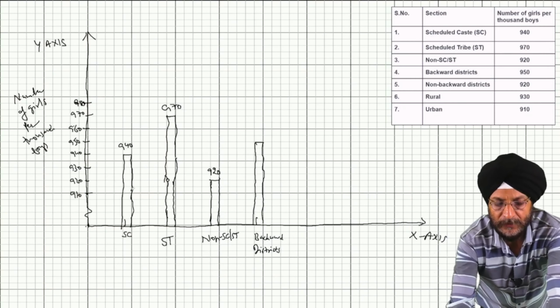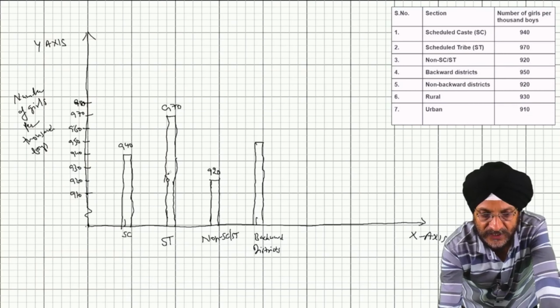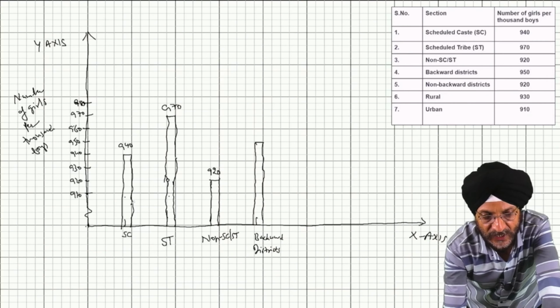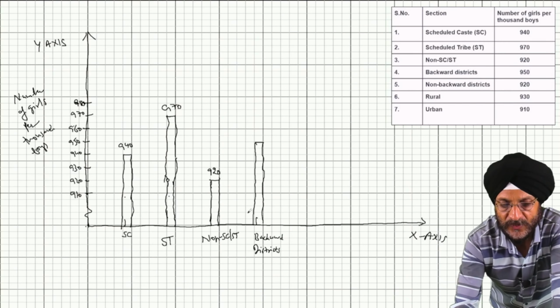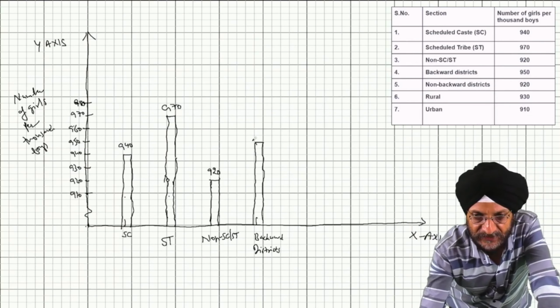You can see from the graphs with bars which we are drawing that these are of equal width. That is this equal width, and there is equal distance between each of these bars, which we have to maintain in each and every case.